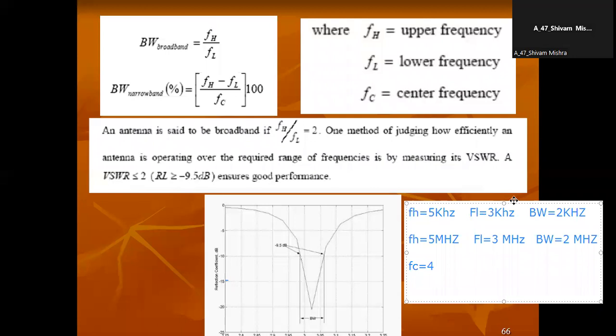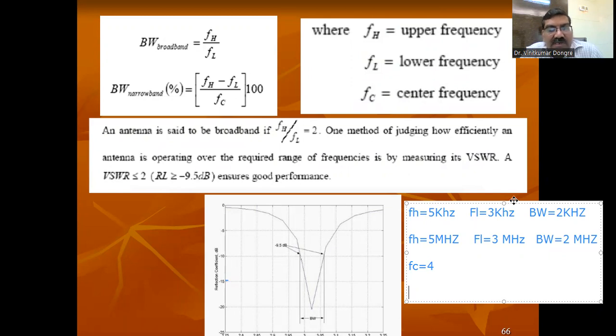Is it the same or different for both? Here also you will have 2 by 4 into 100. So the first application, having a bandwidth of 2 kilohertz, also gives a percentage bandwidth of 50%.